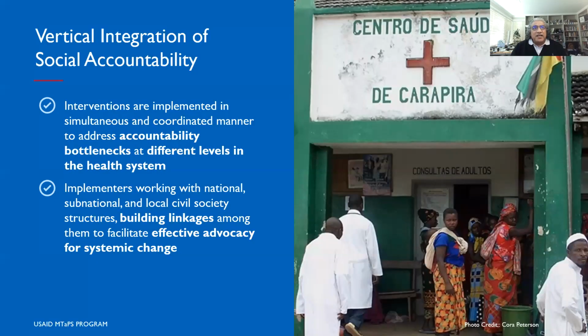And with the vertical integration of social accountability, let me clarify that vertical integration has a very clear meaning within the health system, which is the integration of healthcare and protocol among the different service delivery institutions or service delivery establishments. But this concept within social accountability does not come from the health system, it comes from political sciences.